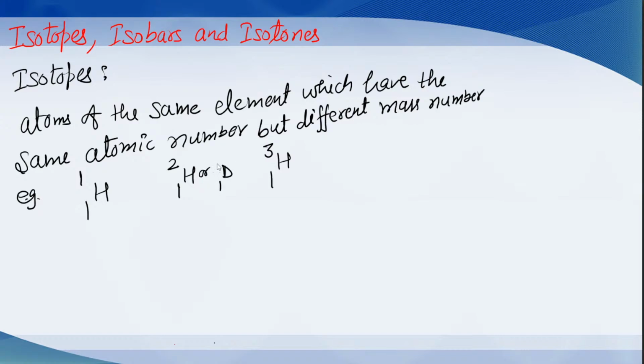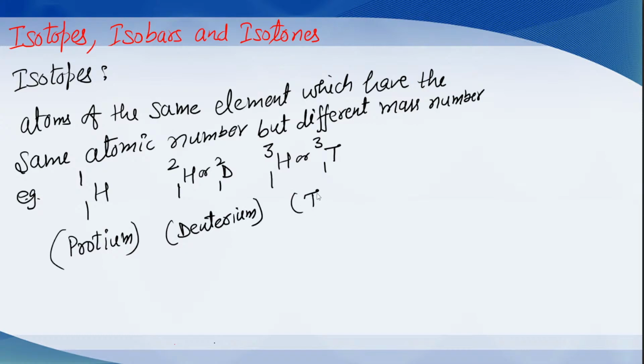One is known as protium, one as deuterium, and one as tritium. Another example is chlorine 35 and chlorine 37. Sometimes the atomic number is not written, because everyone knows that for chlorine it never changes.